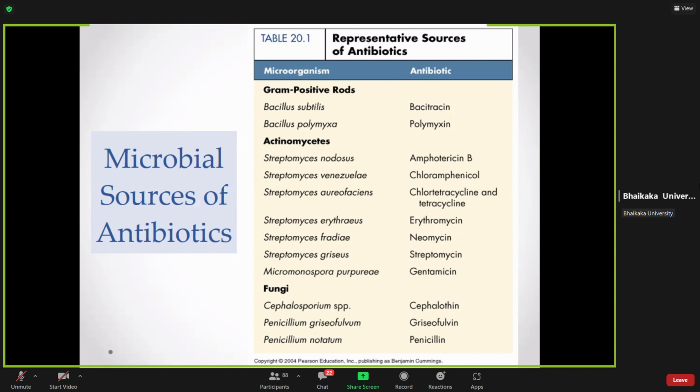These are a few examples of organisms producing substances which have been used as antibiotics. The gram-positive rod Bacillus subtilis produces bacitracin, Bacillus polymyxa produces polymyxin, various actinomycetes produce various antifungals and antibacterials, and various fungi produce antibacterials and antifungals.